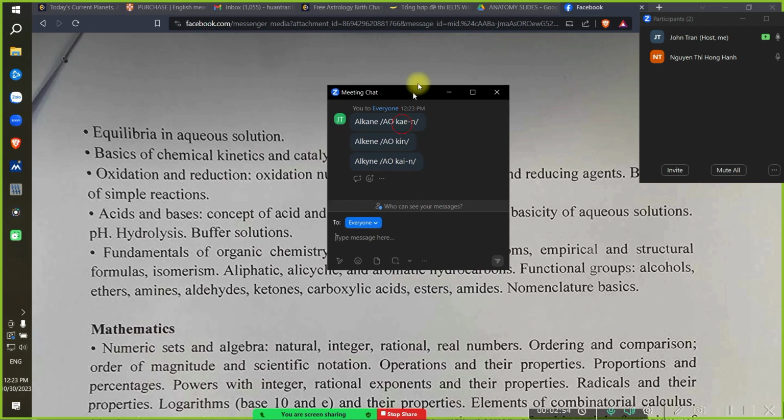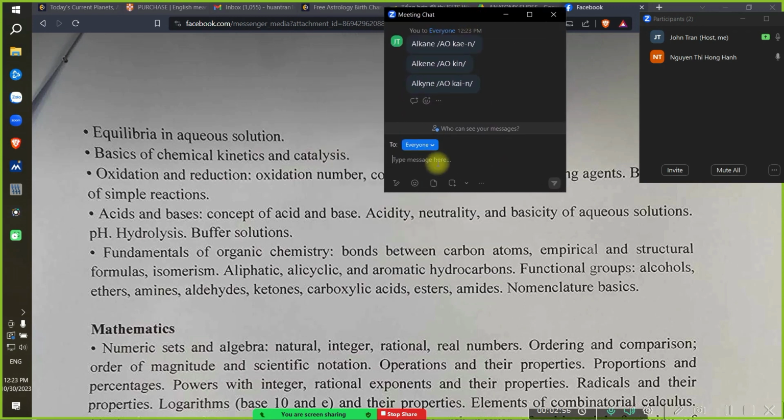Alkanes are saturated organic compounds. It means that the carbon atoms are filled with hydrogen atoms. For example, the most famous one is methane, CH4.